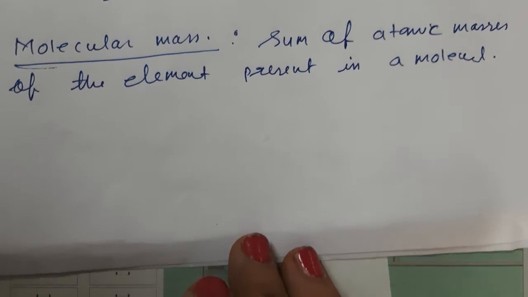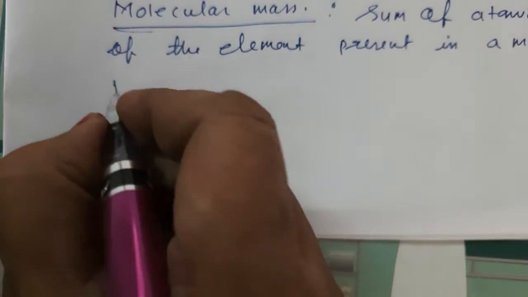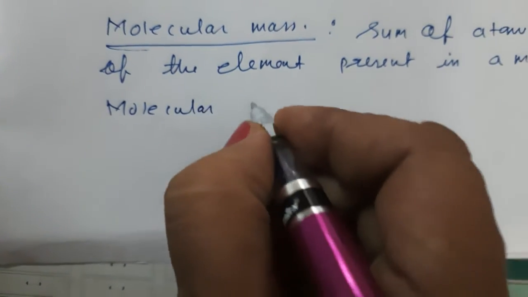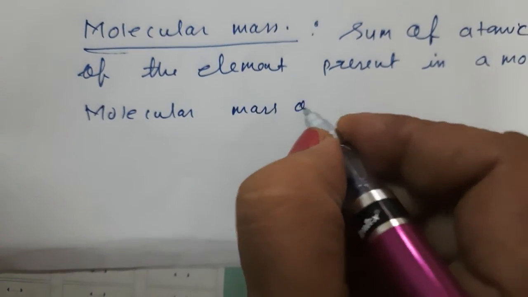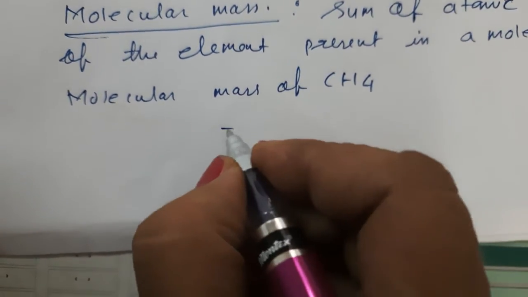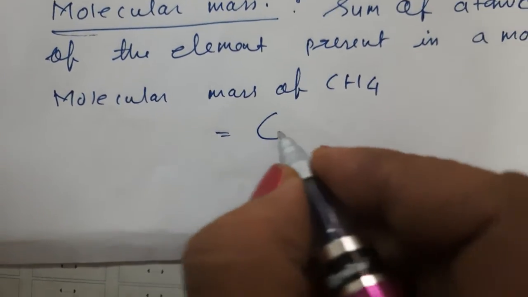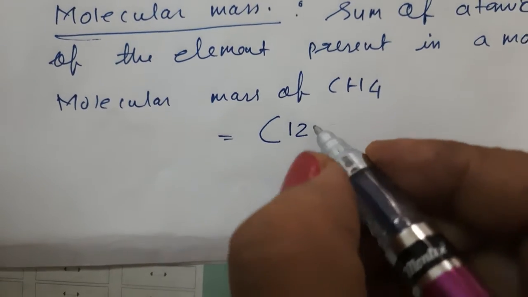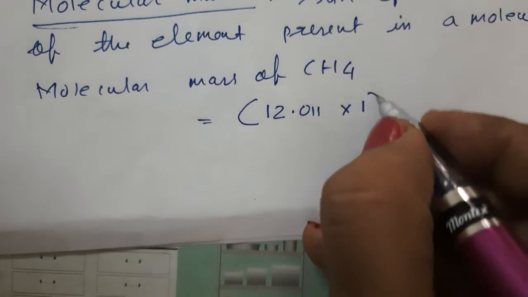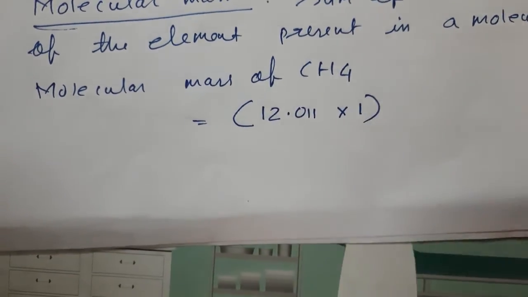Okay, like if I have to calculate the molecular mass of CH4, then I will write, C means its atomic mass is 12.011 into 1. Why 1, beta? Because one atom of C is there.